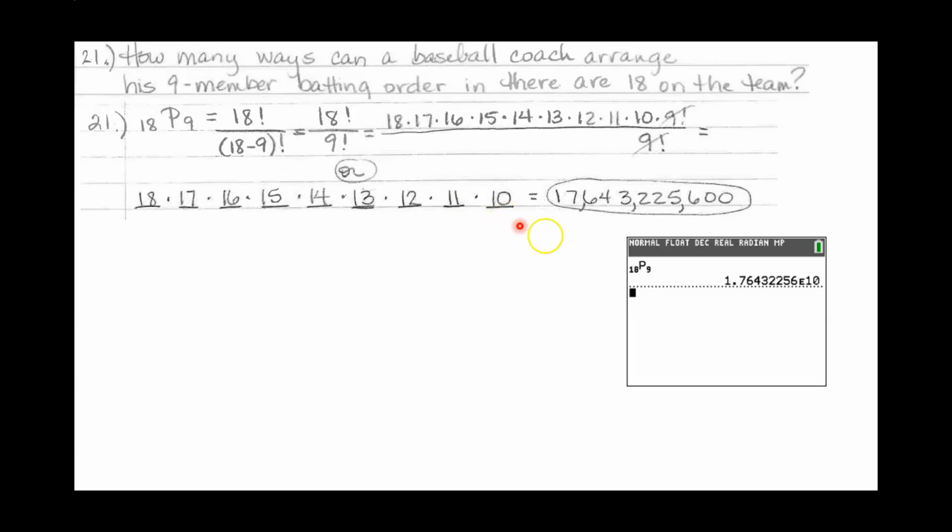Now, if you put this in your calculator, it's going to give you your answer in scientific notation, because once the number gets too large or too small, it gives scientific notation. And this is your calculator's way of saying that. So it's saying 1.7643332256 E, and E means times 10 to the 10th. So that would be this number times 10 to the 10th.